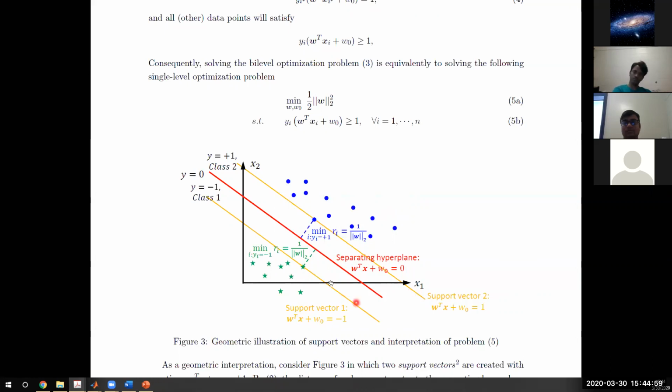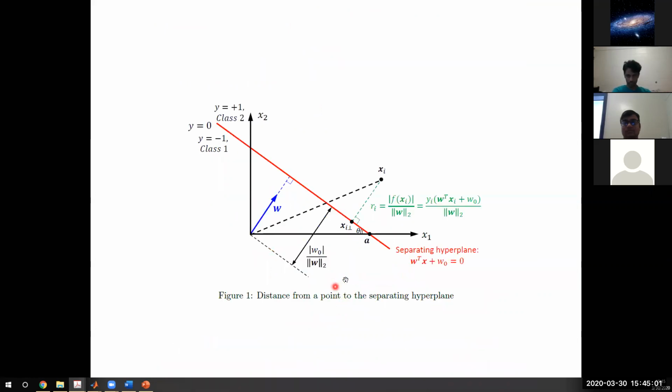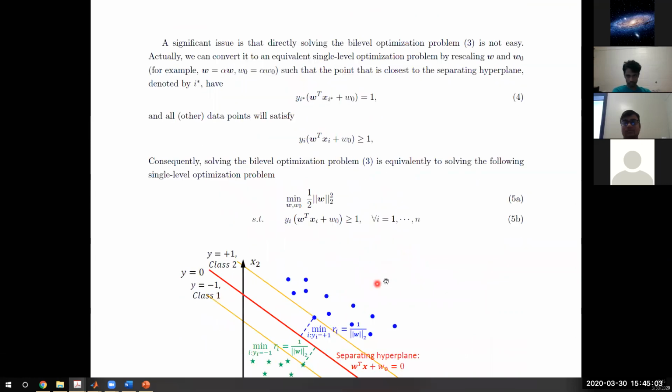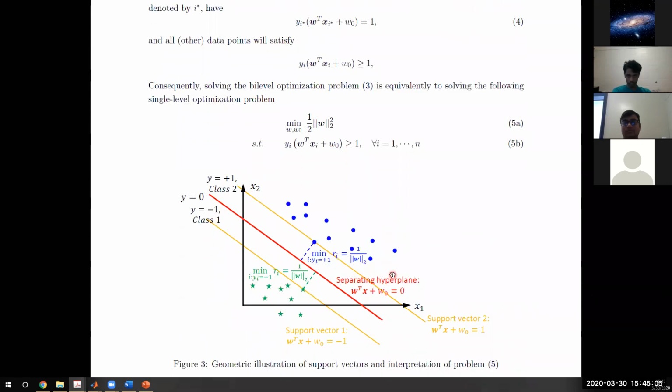And why are these vectors called support vectors? Because these points that lie exactly on these lines support our decision, support the margin. That's why they're called support vectors, and the whole technique is called support vector machine.